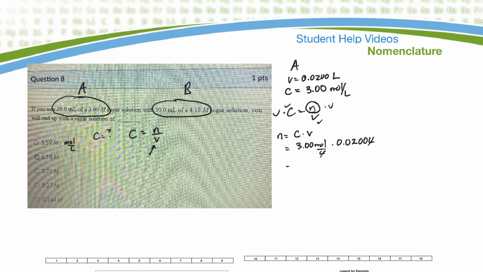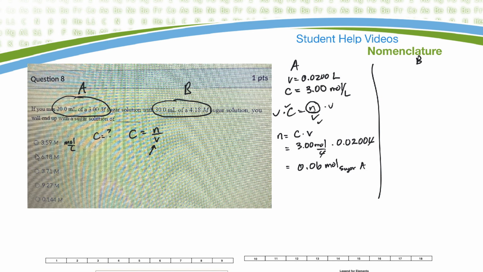Liters cancel, so when I multiply those, I get 0.06 moles. There could be some sig figs in there, but I'm not done yet, so I'll just leave it like that for now. And that's how many moles of sugar I have from solution A.